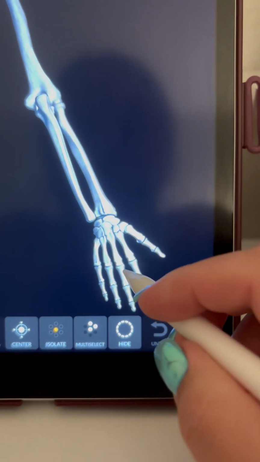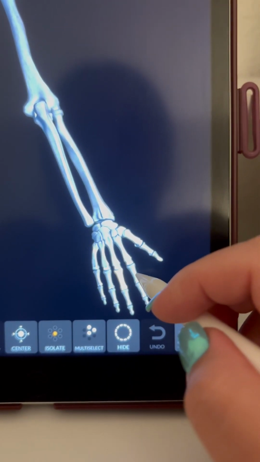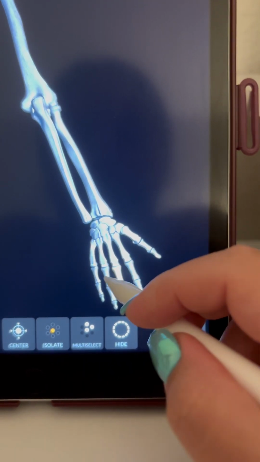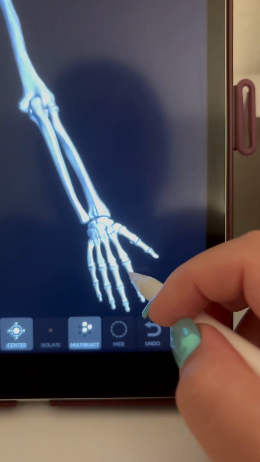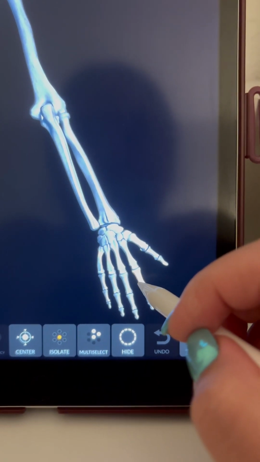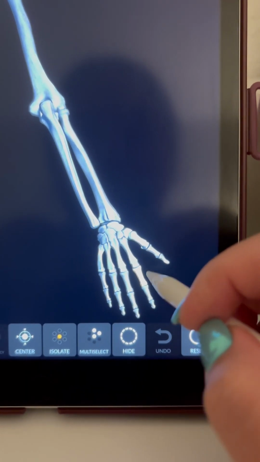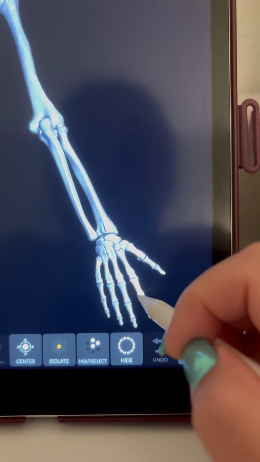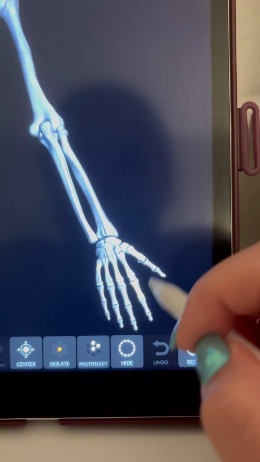Remember to always put the position it is in, like for this one be proximal, this one be middle and distal, and then what it is, so phalanx, and then you'll put the number in Roman numeral.